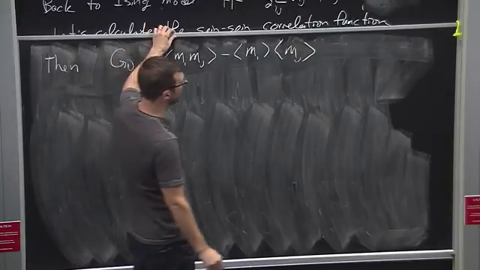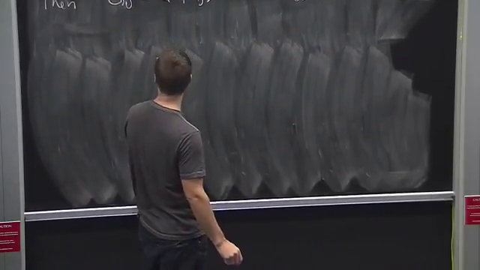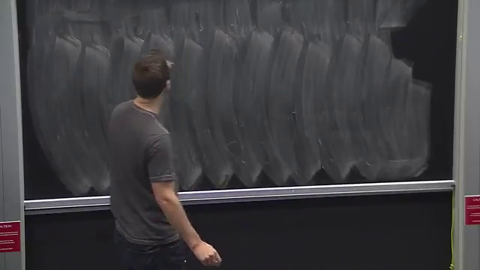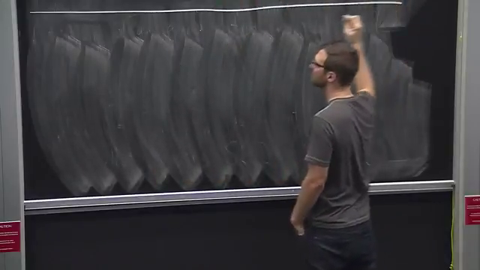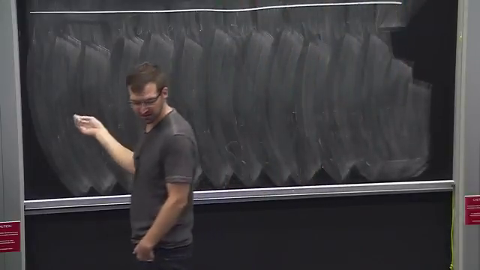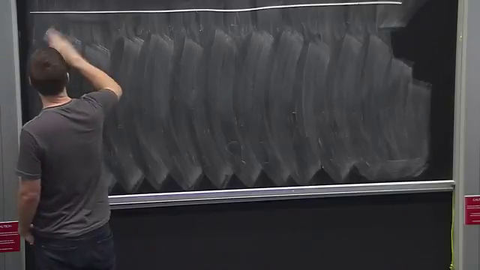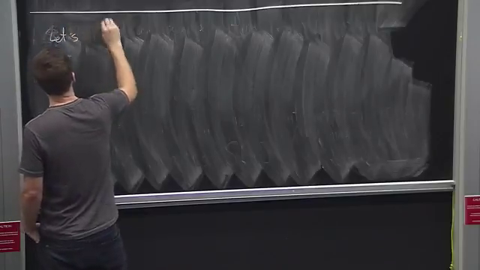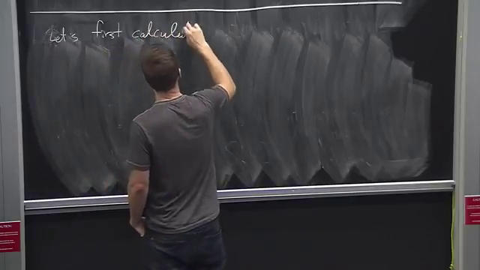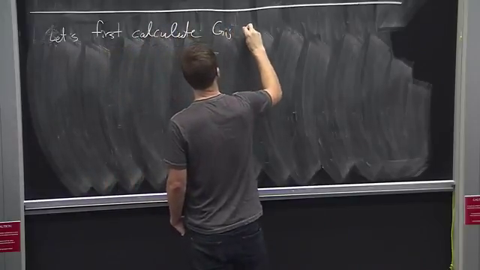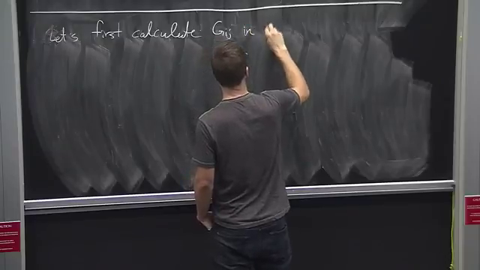Okay, so let's do a calculation of this in these variables. Let's do our first calculation with the saddle point approximation. Which should be mean field theory. I'll just say in mean field theory.